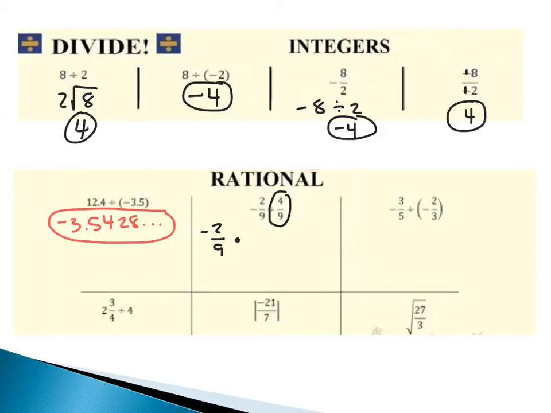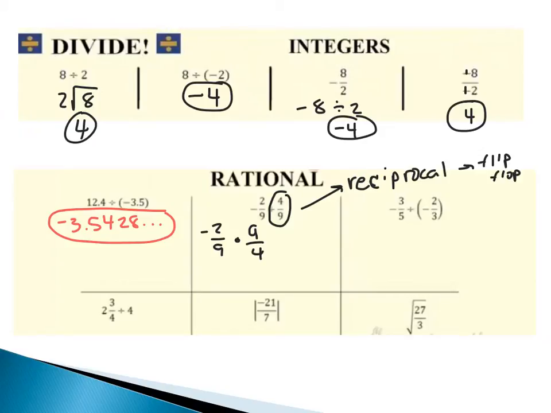What is the reciprocal? The reciprocal is the flip-flop of the fraction. I'm going to take 4/9. Instead of dividing by 4/9, I'm going to multiply by 9/4. So I'm going to flip it. So, multiply by the reciprocal when you divide fractions out.